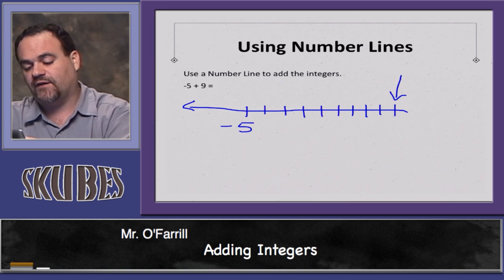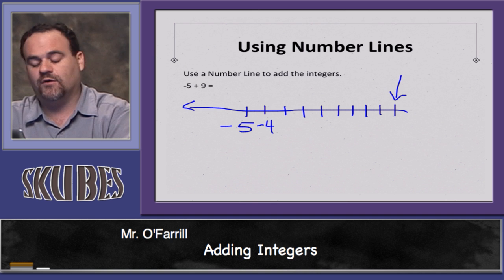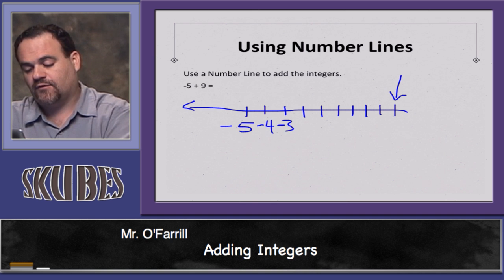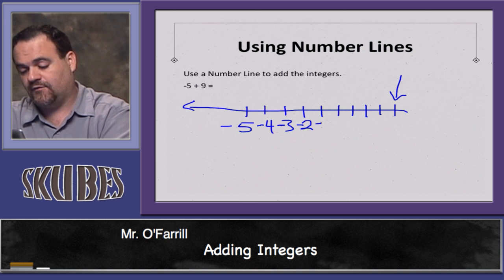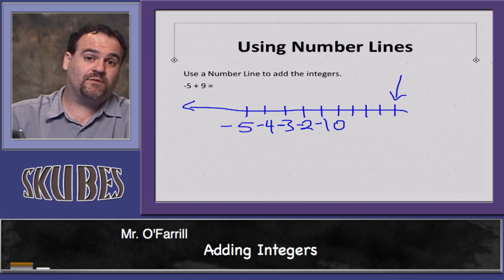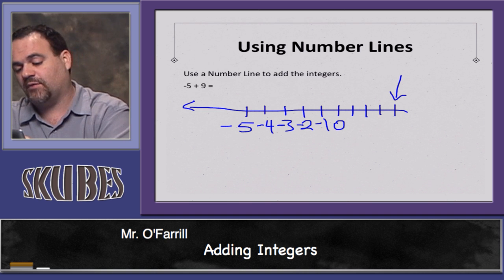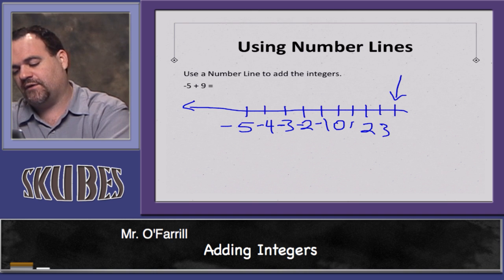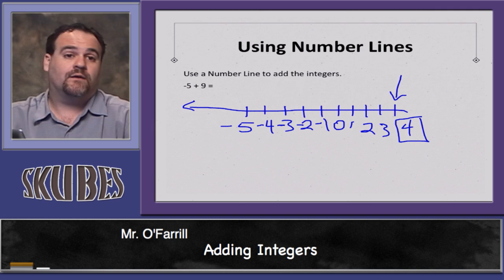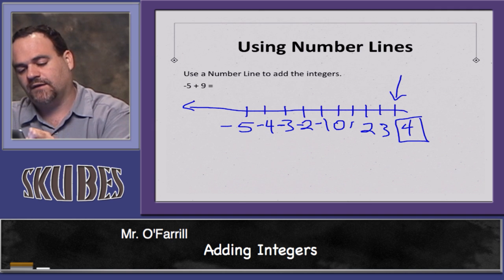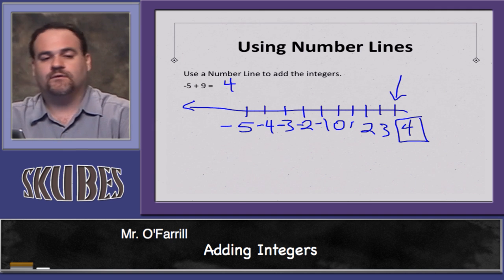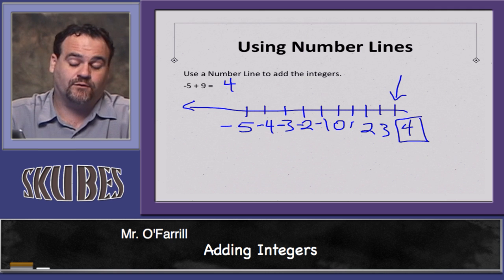After negative 5 is going to be negative 4, negative 3, negative 2, negative 1, and there's 0. So we're done with the negative numbers. Now we're going to start on positive. We have positive 1, positive 2, positive 3, and positive 4. Negative 5 plus 9 is 4, a positive 4.